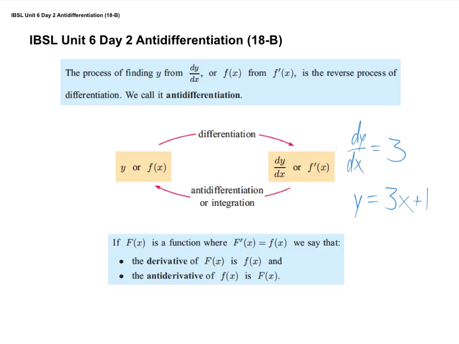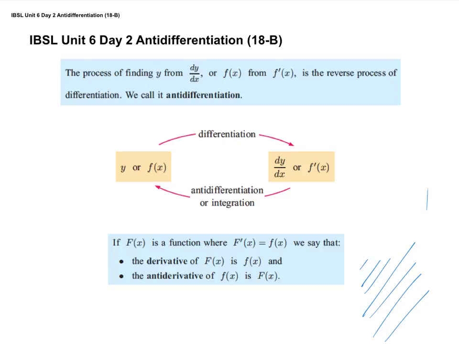We know the slope is going to be 3, so it could be this one, or this one, or this one. All of those have a derivative equal to 3. It's just all the lines that have a slope of 3. The y-intercepts, though, might be different.